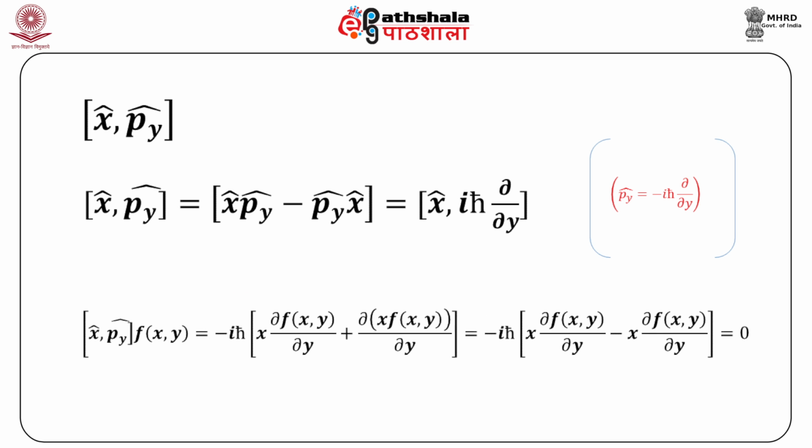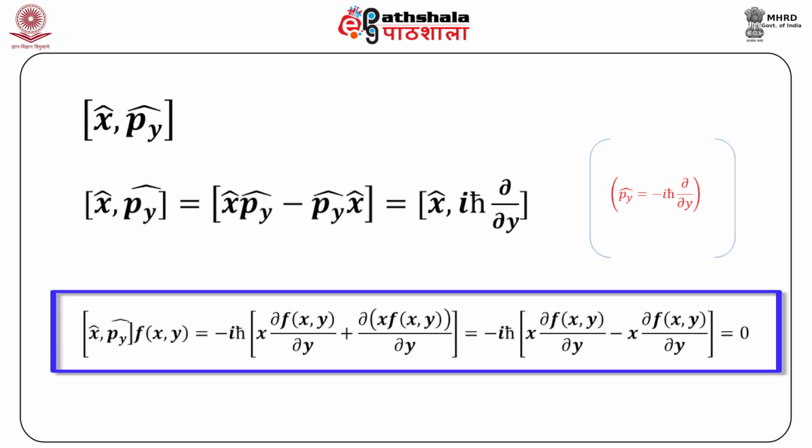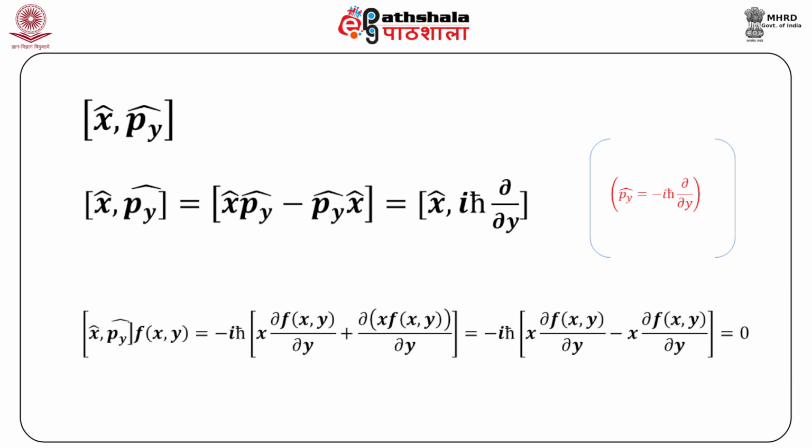On the other hand, if we take the operators x cap and py, that means the linear momentum along y direction, then you can see here when this operates on a function f(x,y), the ultimate expression is 0. That means these two operators commute with each other. And what does it imply?